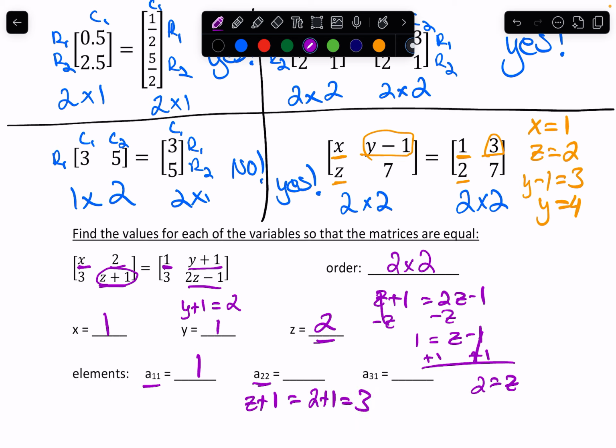And now we might want to double check that we get that same 3 from 2z minus 1. So 2 times 2 minus 1, 4 minus 1 is 3. Those are equal, so we know that we did the calculations correct. So our element 2, 2 is going to be 3. Now, next element is row 3, column 1. Well, we don't have a row 3 here, so this does not exist.